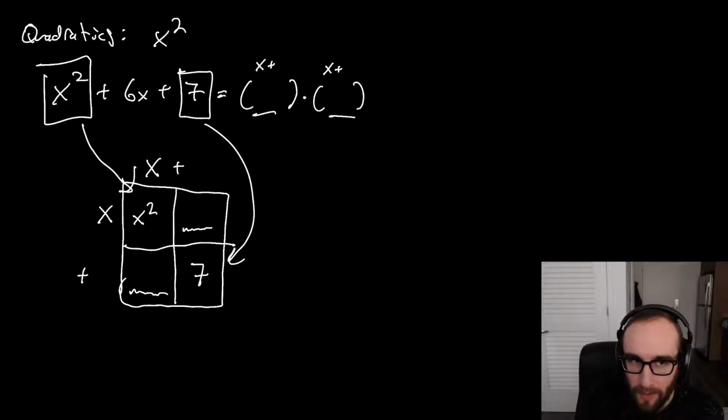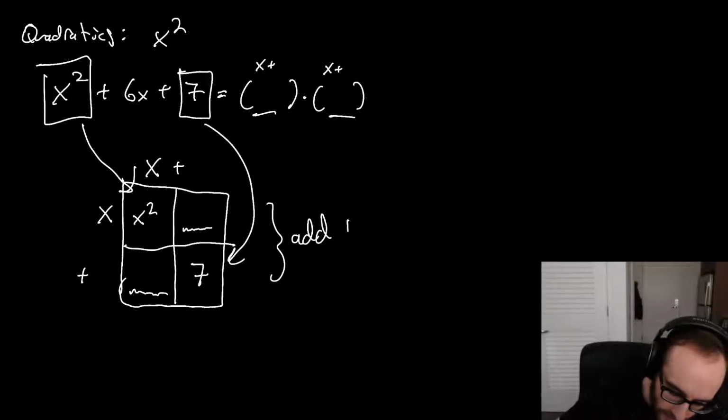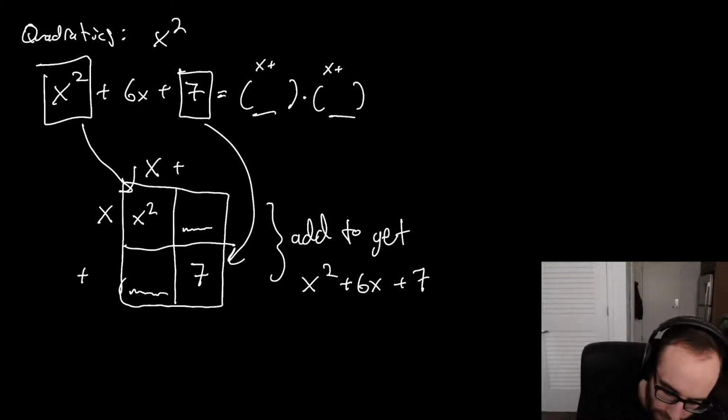When we multiply binomials, we find the area of all of these boxes and then add up all of the boxes to get our final expression, x squared plus 6x plus 7. In these two boxes, we're going to have an x in each.